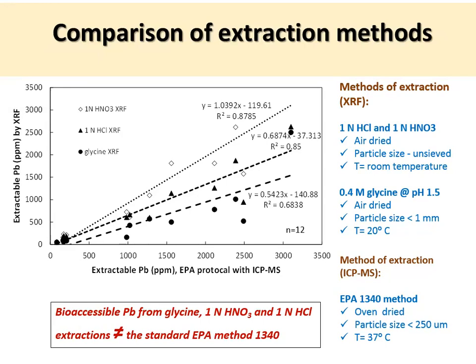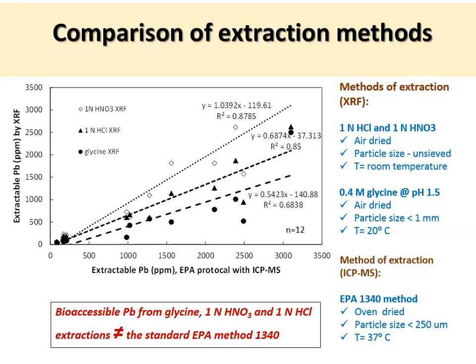And we see here, very interesting, that nitric acid had the highest correlation with the EPA protocol, followed by HCl, which is like 0.8, R squared 0.85 and 0.88 for nitric acid. Glycine had still significant correlation, but it was 54% deviation from the EPA protocol.